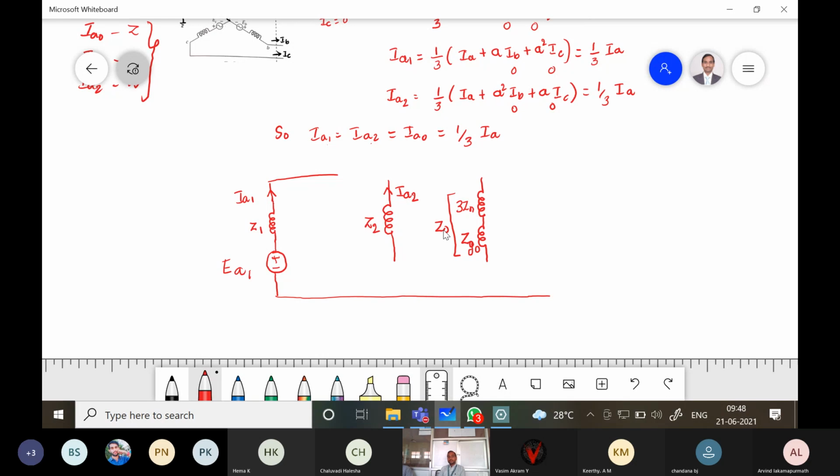Z0 is equal to Zg0 plus 3 Zn. Now positive sequence, negative sequence and zero sequence networks are there, so we need to connect them in series fashion.